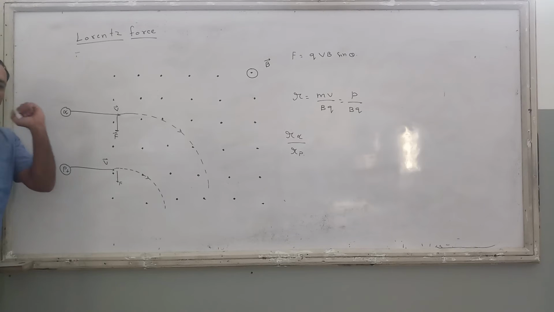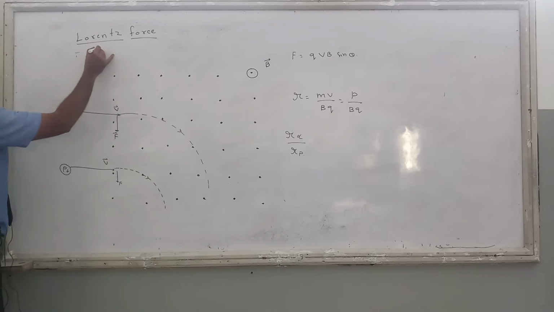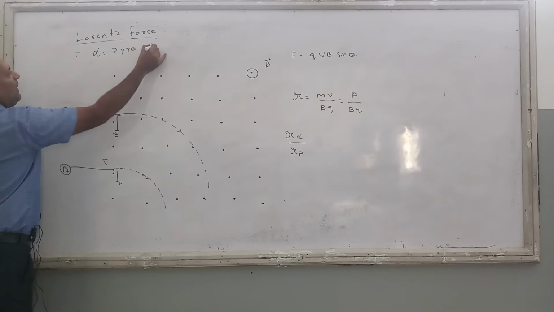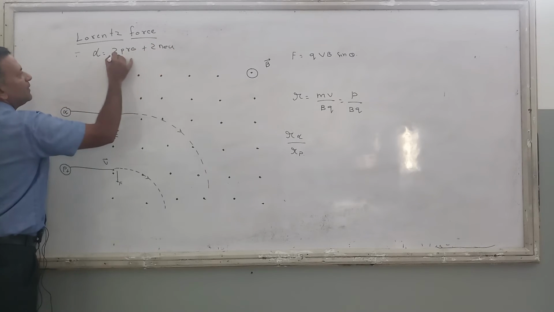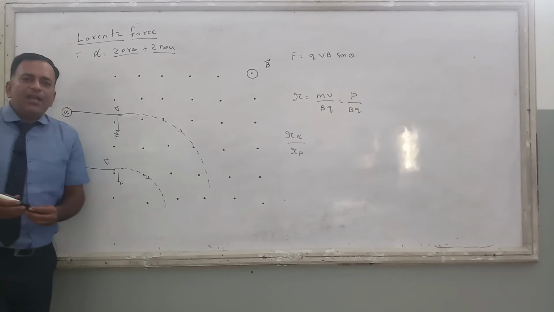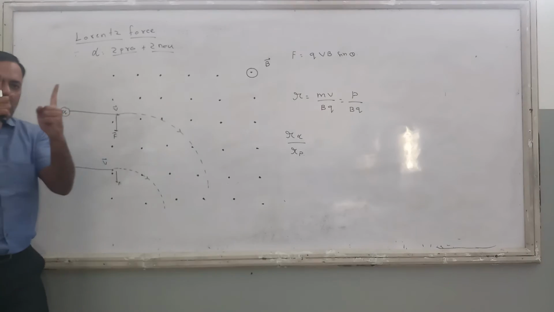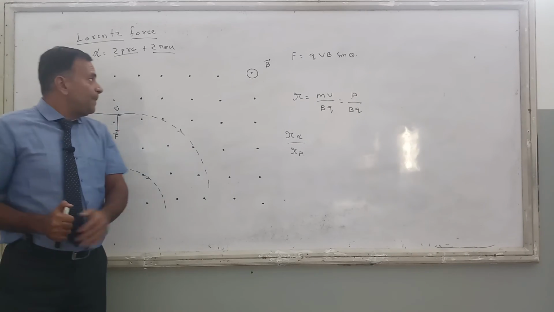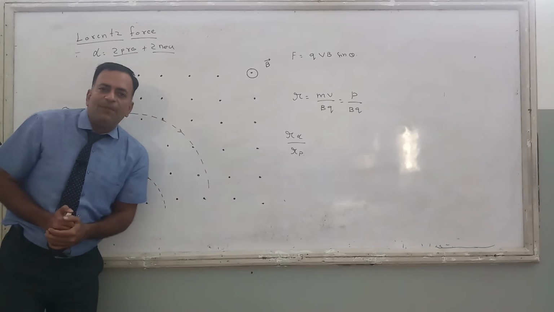Just a minute. If you do not know what is an alpha particle, let me tell you, an alpha particle is a combination of 2 protons plus 2 neutrons. दोनों को जोड़ दिया. So what exactly do you get? You get alpha particle.